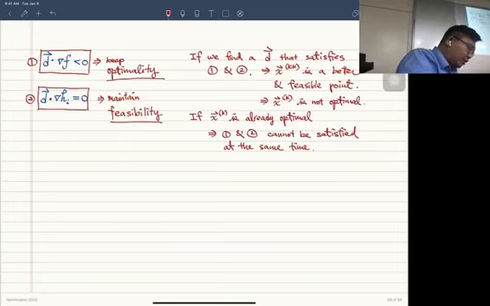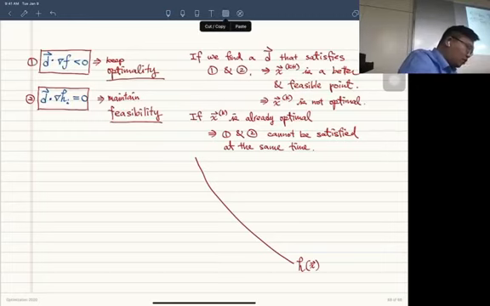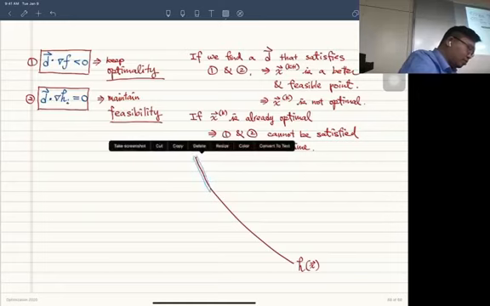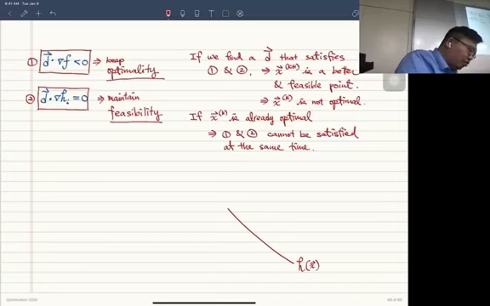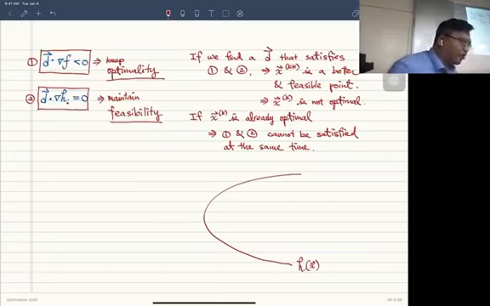So how about this? I have an h function. Let's make it more realistic. So let's say I have a nonlinear h function.